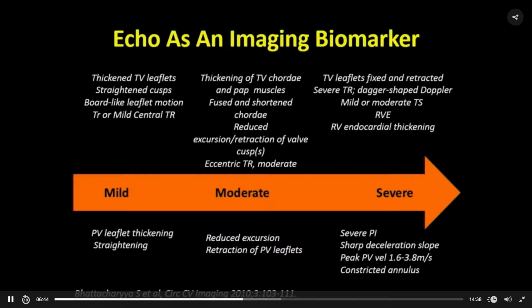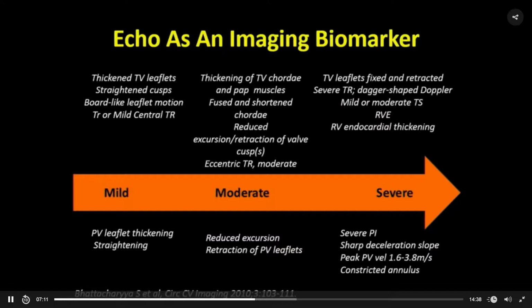What about echo as an imaging biomarker? Bhattacharya and colleagues really did a very nice description of the range of findings one might find in carcinoid heart disease, and laid out carcinoid as a spectrum of disease in which in the mild form you might have some heterogeneous features, a little bit of thickening of the valve, perhaps some loss of pliability, and really mild trace or mild functional abnormalities.